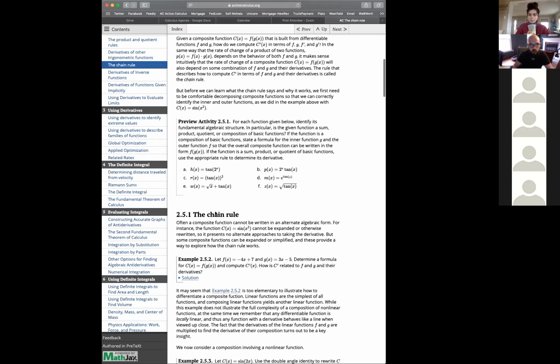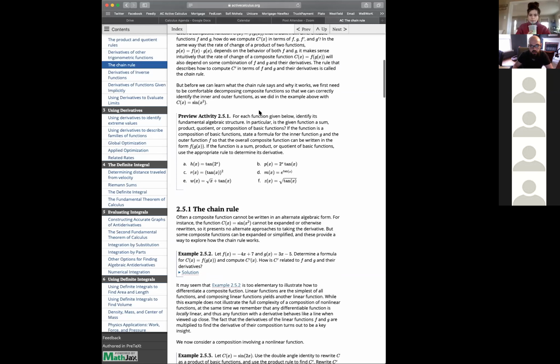Okay, so activity 2.5.1 here, what the idea is, we're going to go through, and just like I worked through a couple of examples, we are going to look at A, B, C, D, E, F, and you want to identify these as function composition. So if there is function composition, then identify what's the inside function and what's the outside function.